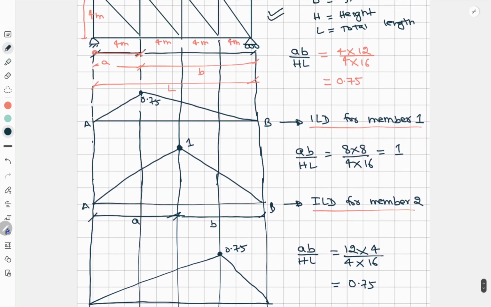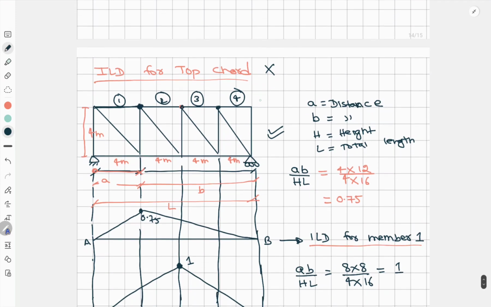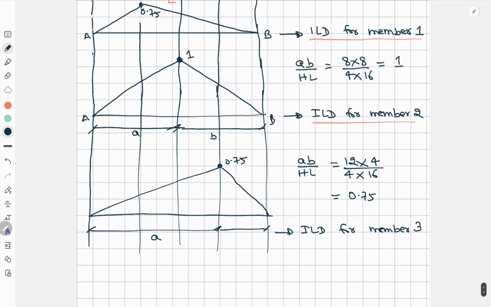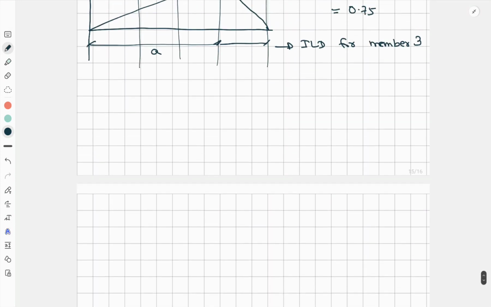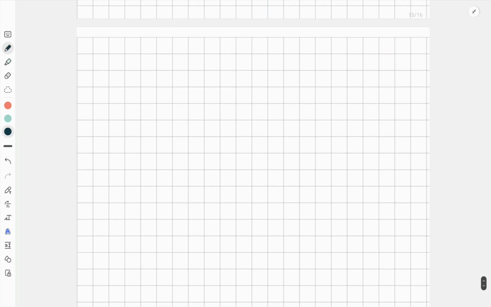Okay, now if the truss is like this, then we have to follow this procedure. Suppose, again, I'll give an example. Suppose our truss is like this, a straight line, and again draw a straight line here, like this.